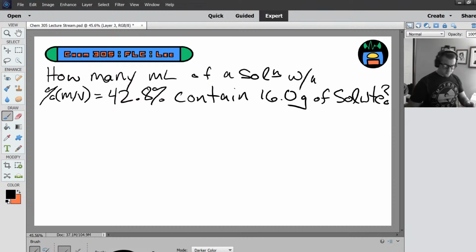All right. So now, here's the thing to remember about all of our percent concentrations. Whether it's percent mass to mass, volume to volume, or as in this case, mass to volume, they are a ratio, right?